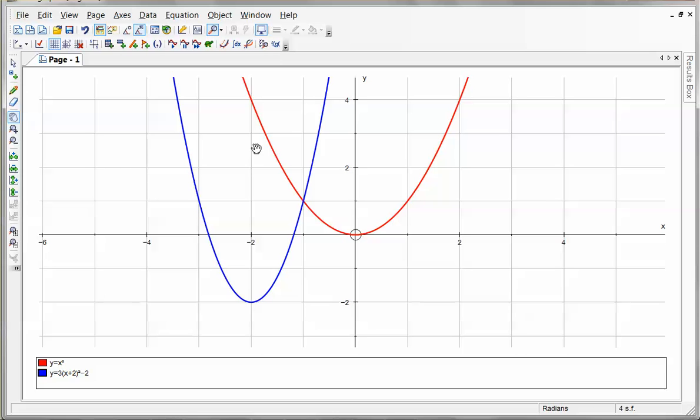Make sense? Any questions there? No? Okay, so what you're going to do now, starting page 24, you have a series of questions to do.